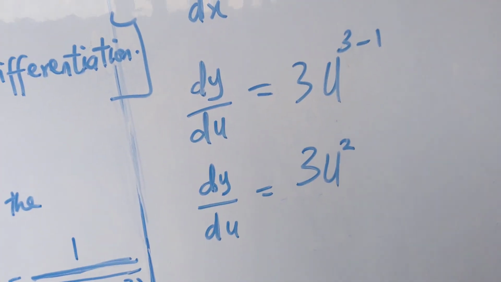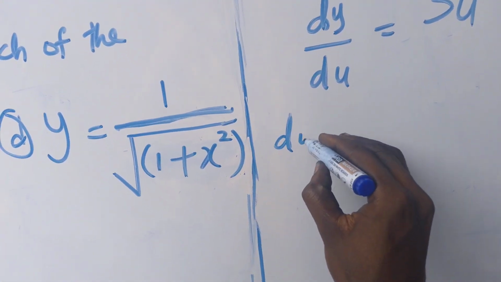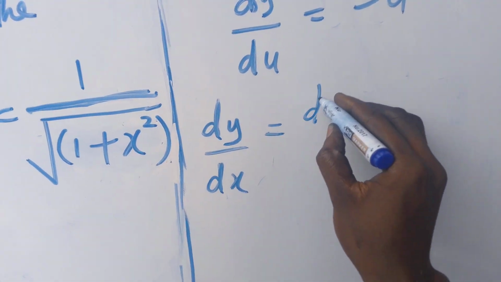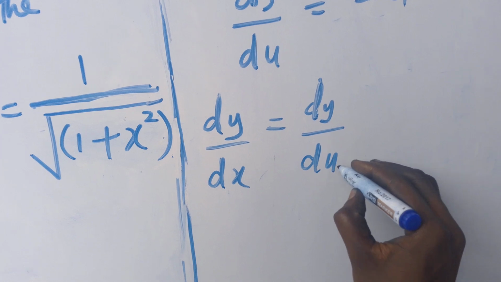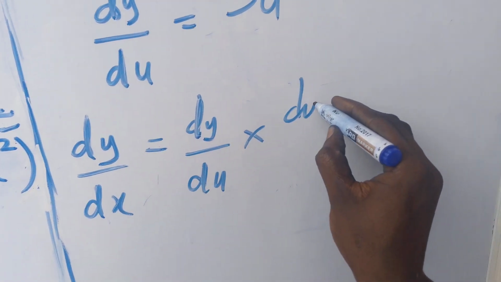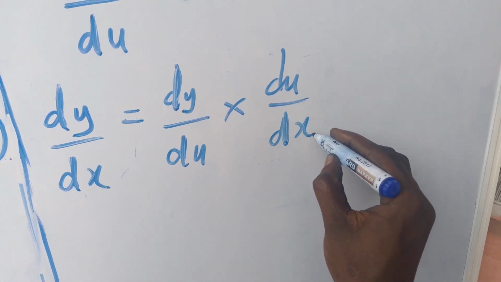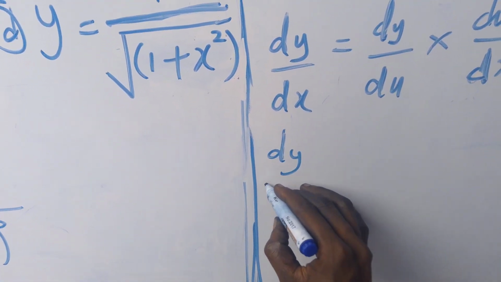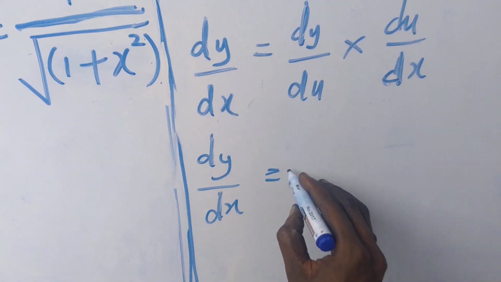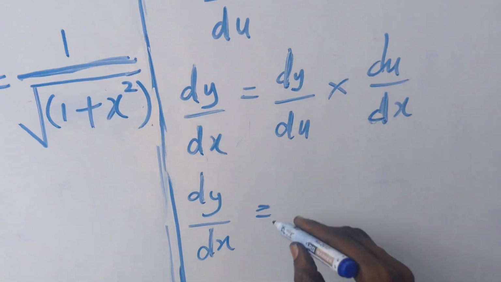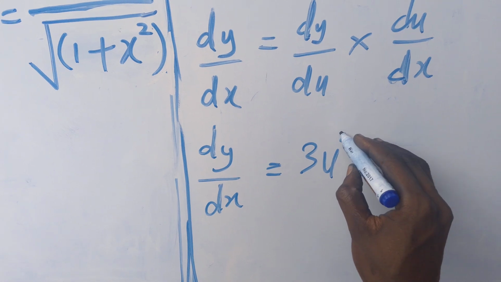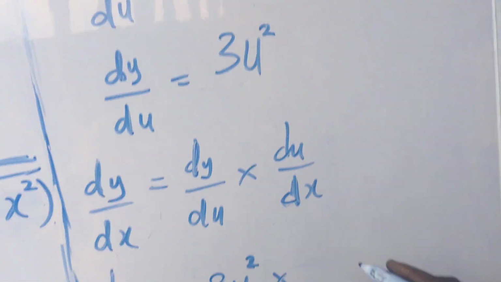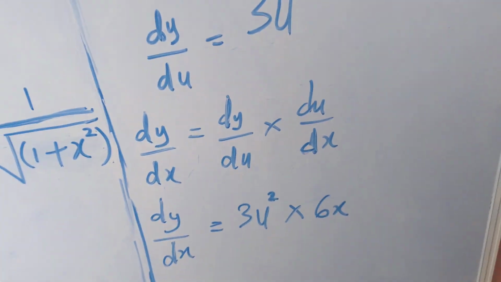Okay? Then I can look for dy/dx using chain rule. dy/dx using chain rule will be equal to dy/du times du/dx. So that means that dy/dx will be equal to, the value of dy/du is 3u squared, times du/dx, where du/dx is 6x.